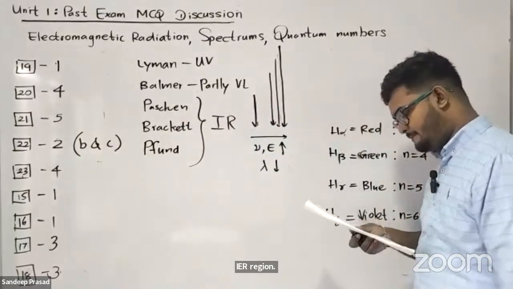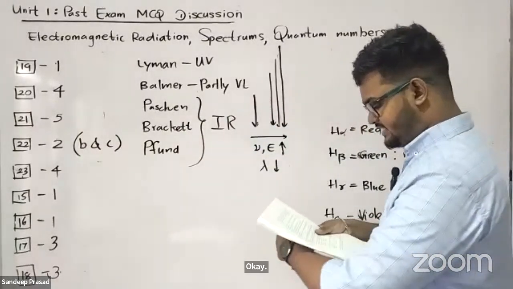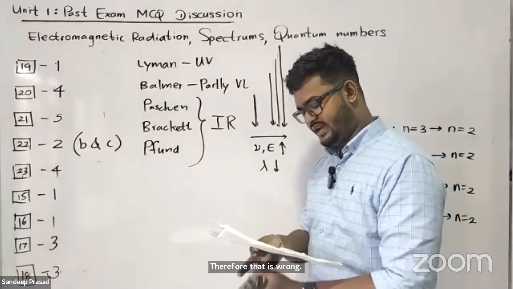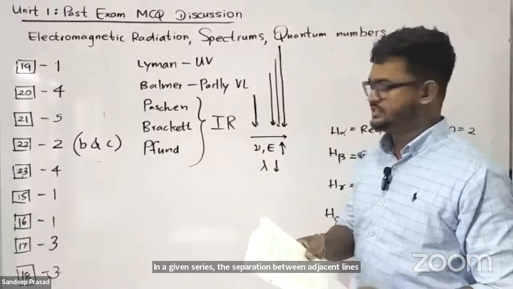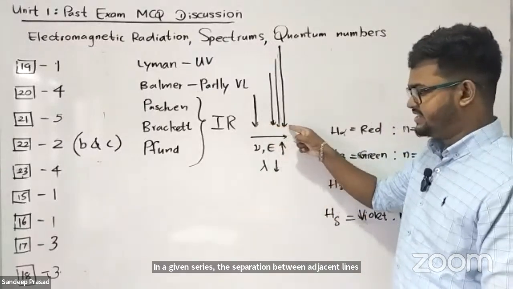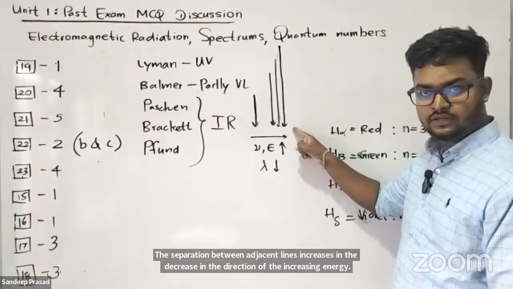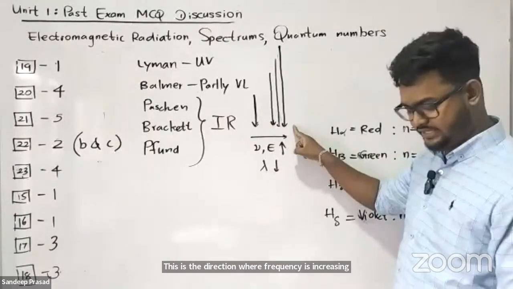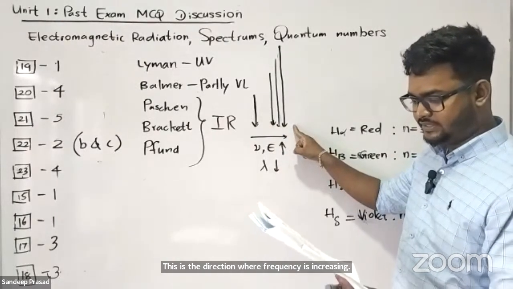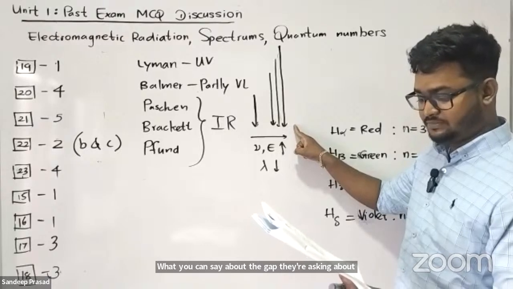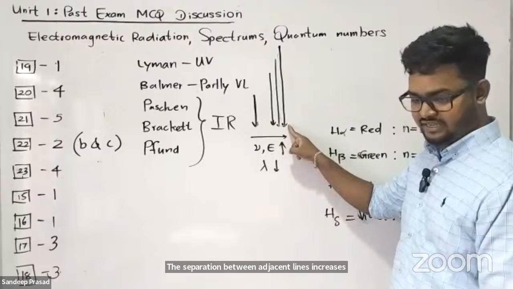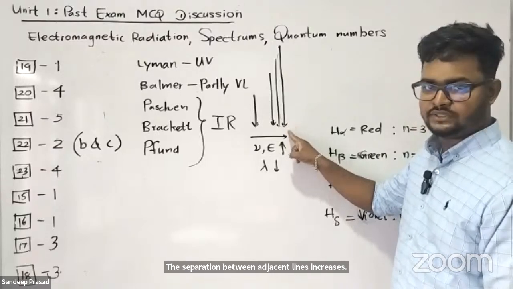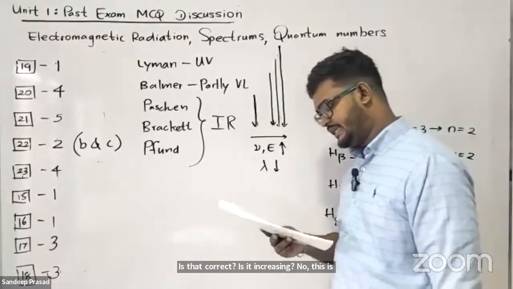Therefore, that is wrong. In a given series, the separation between adjacent lines increases in the direction of increasing energy. This is the direction where frequency is increasing. What can you say about the gap? They're asking about the separation between adjacent lines increases. Is that correct? Is it increasing order? No, this is decreasing order. So therefore, that is wrong.